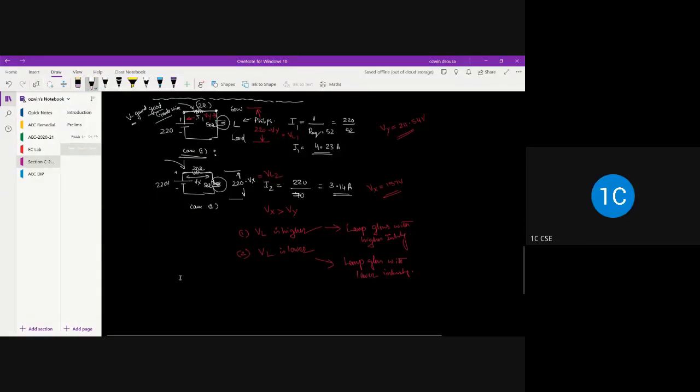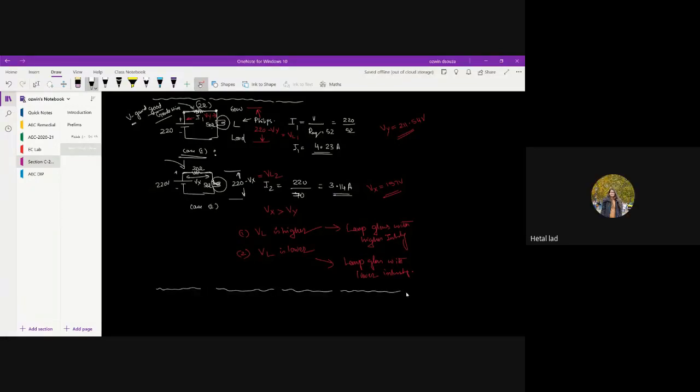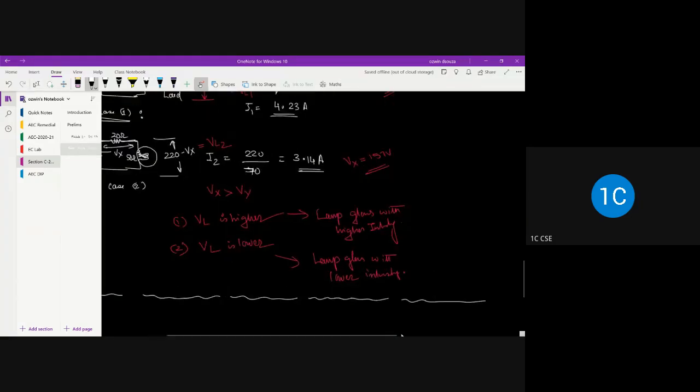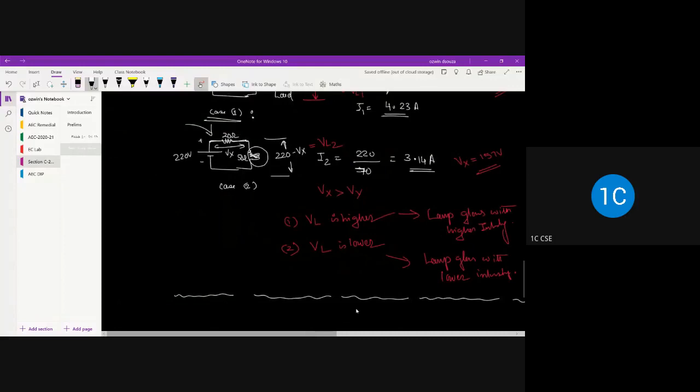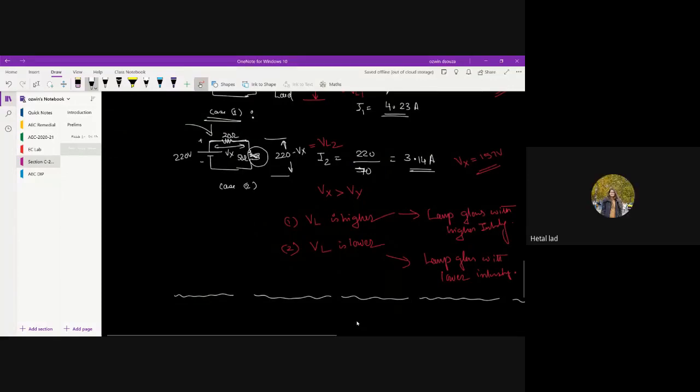Are you okay with this color combination? I mean, it is legible, right? Sir, it is kind of not visible. Can you also zoom in a little? Okay. Now, is it fine? Yes, thank you, sir.